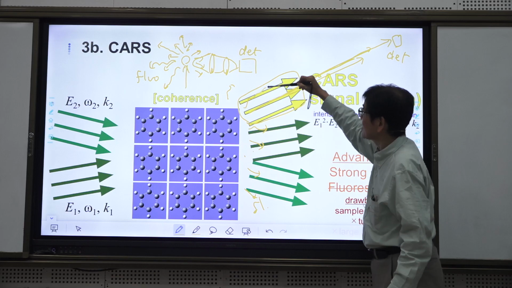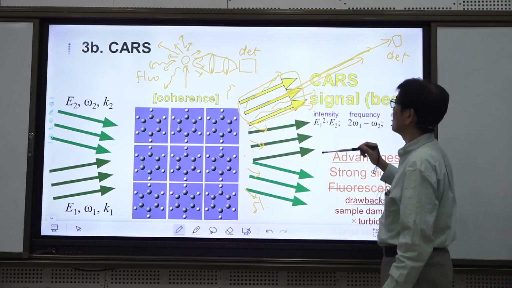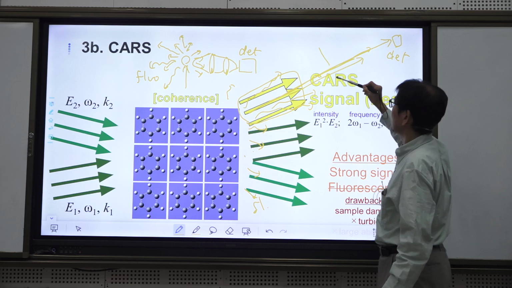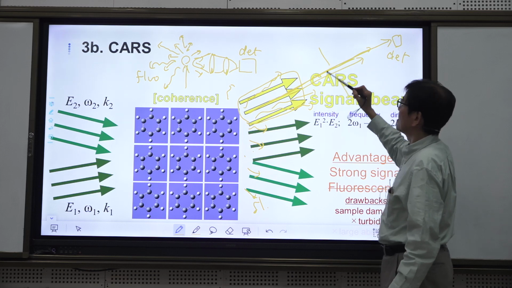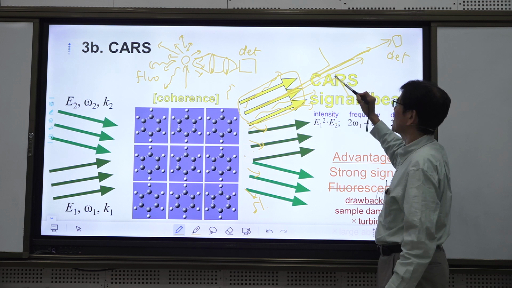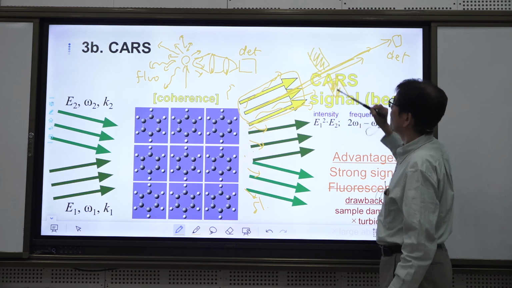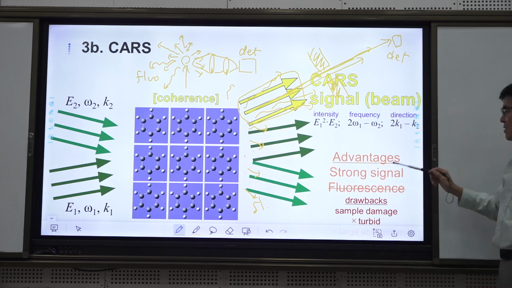So fluorescence may also propagate in this direction, but by setting an aperture here, most of the fluorescence is cut by this aperture. So it is almost a fluorescence-free measurement.